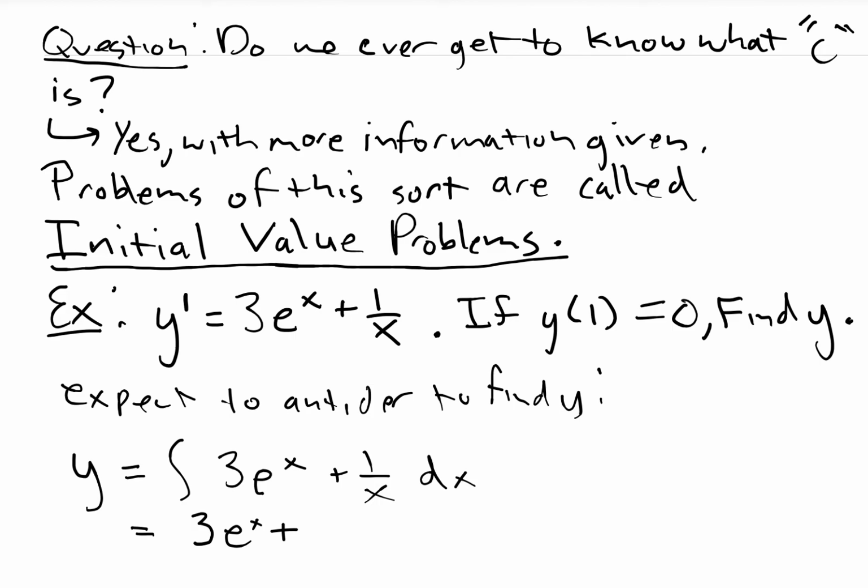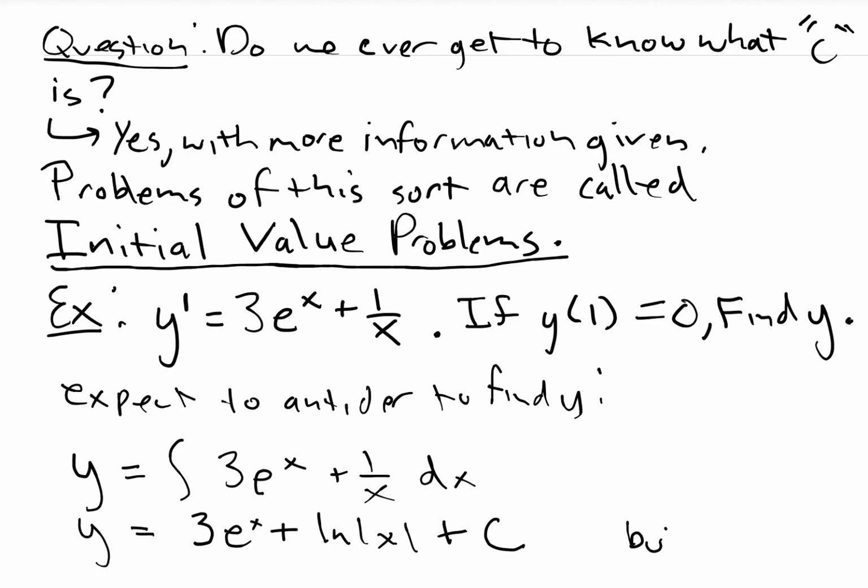And then I hit this 1 over x term. What do I derive to get that? The good old natural log of x function. Now again, since this was an indefinite integral or an antiderivative that we were taking, we have to throw one of those plus c's on the end. Okay? So this is my function y.